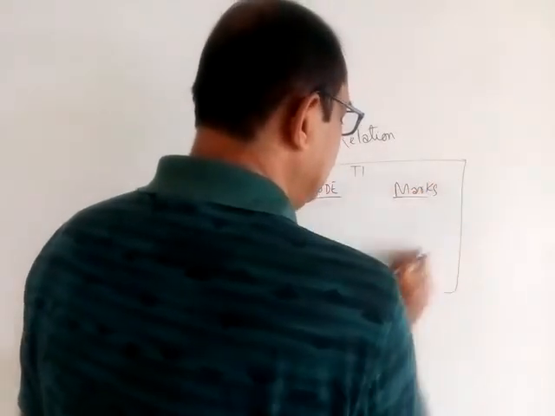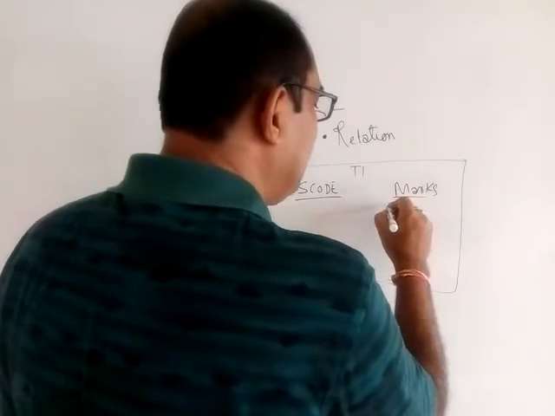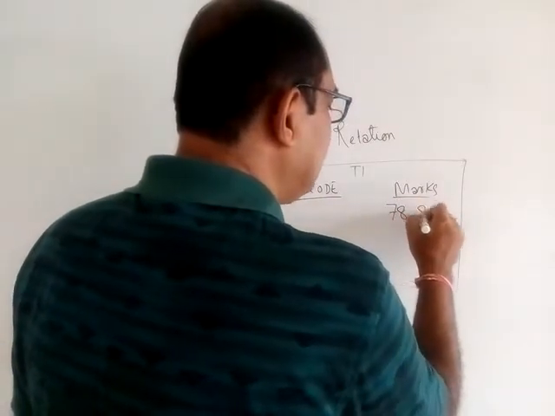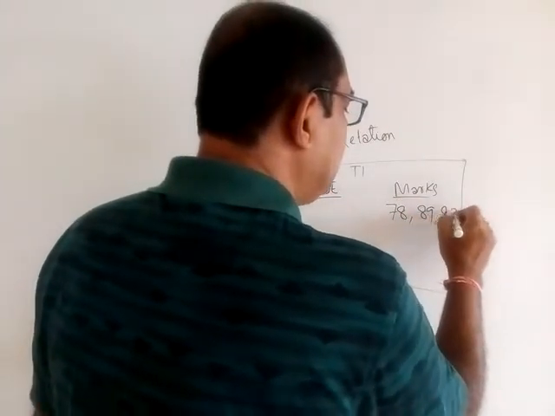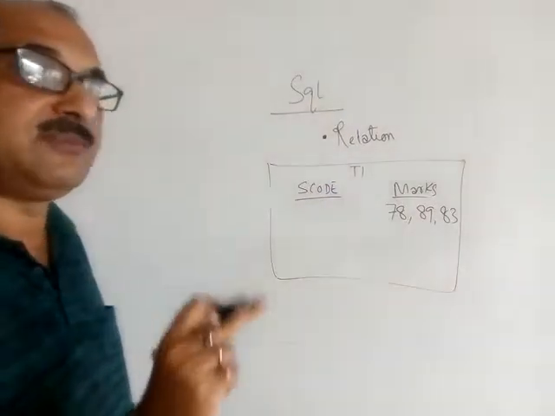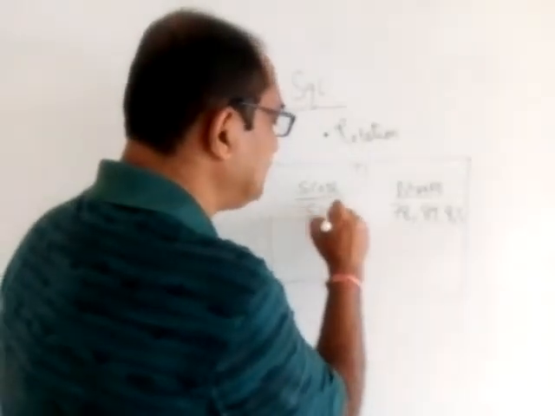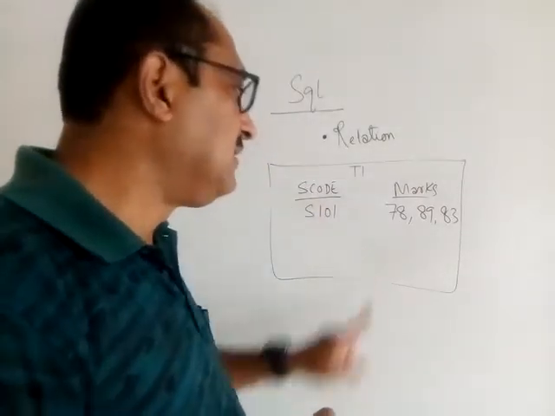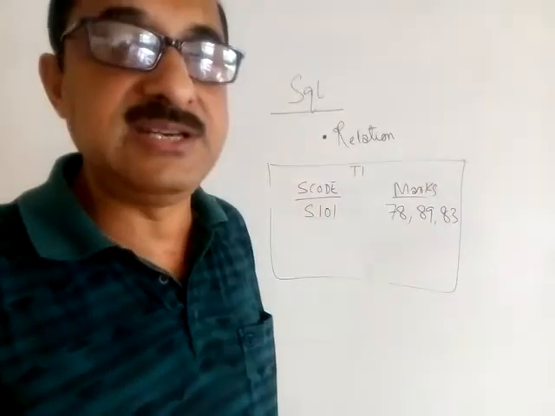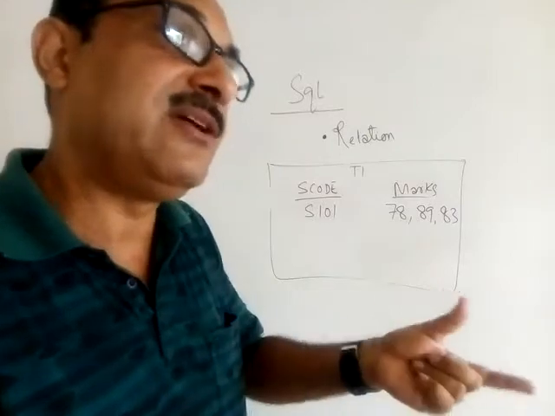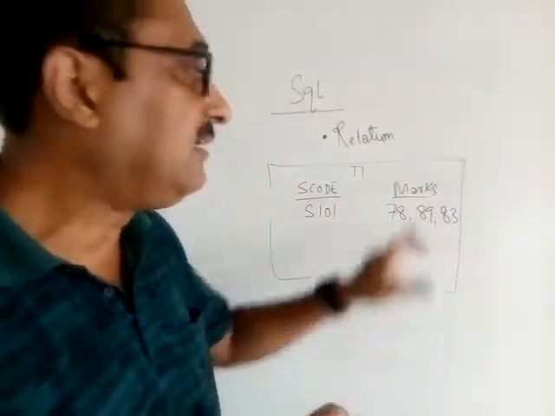Relation says the marks should not be written like 78, 89, 83. You can easily make out that I wrote the marks in 3 different subjects obtained by student number 101. This is his code. This is not unit data. You have to have atomic data or unit data in every field.